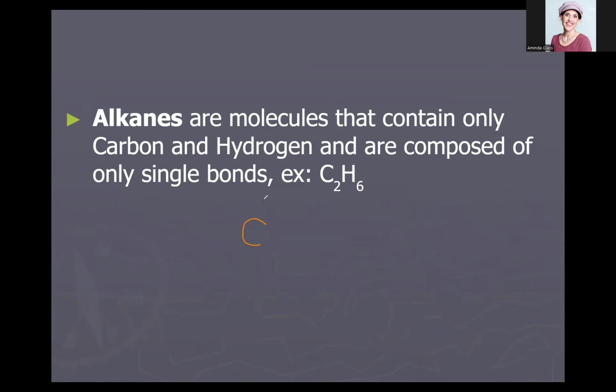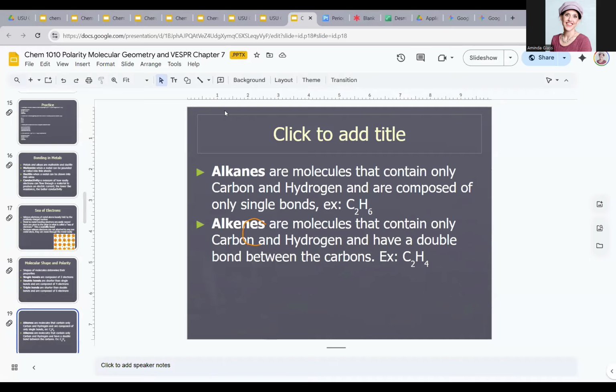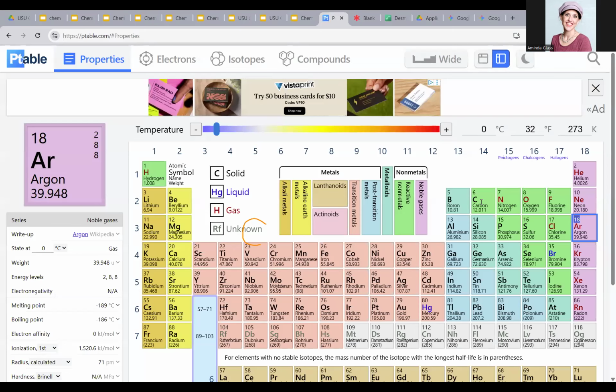We look at the periodic table to see what group my elements are in. So if we looked here, we have carbon in group 14. That means it has 4 valence electrons. And we have hydrogen in group 1. That means it has 1 valence electron.